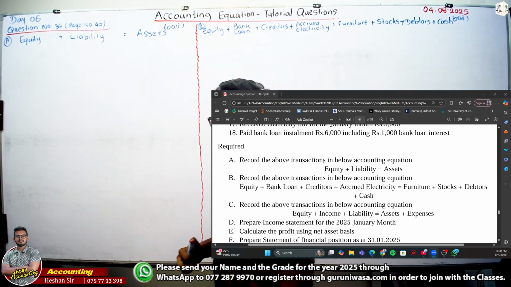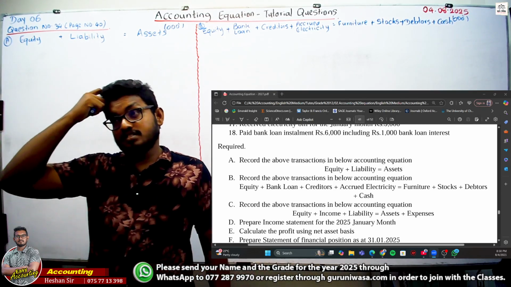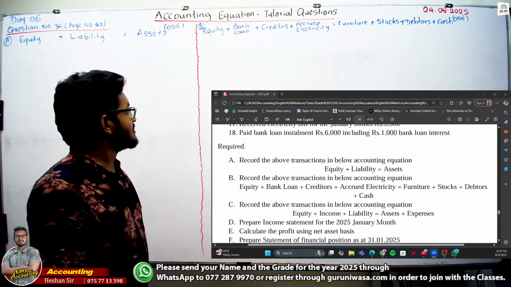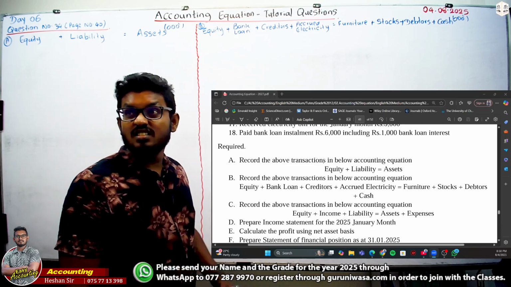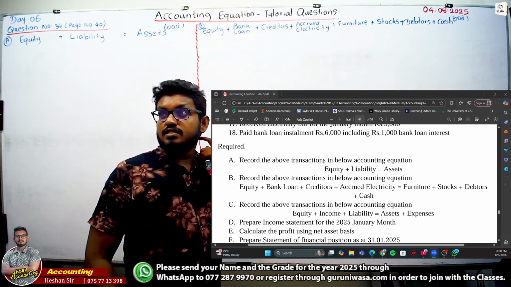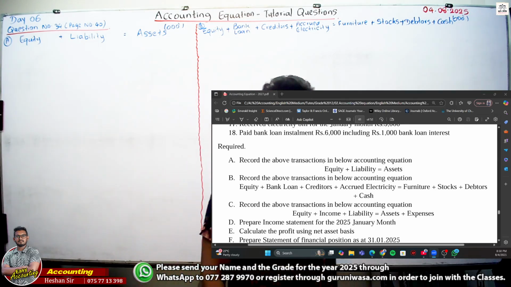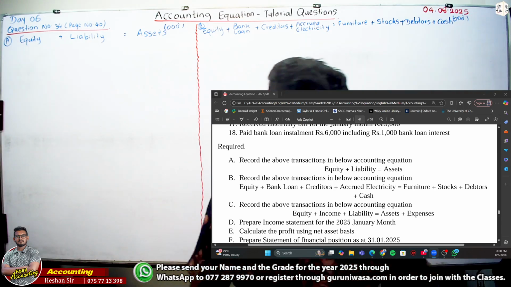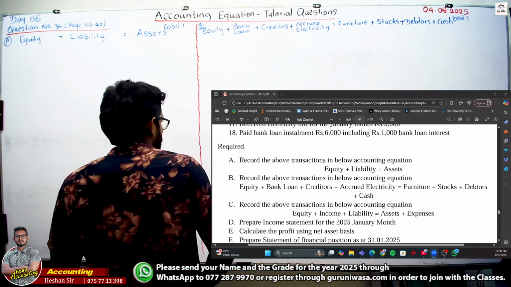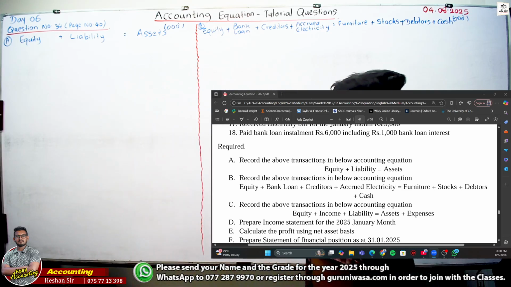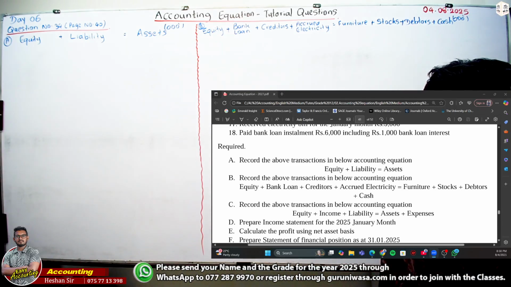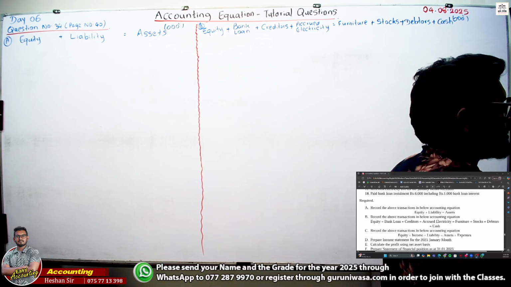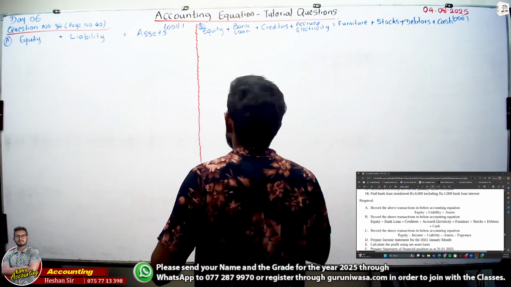Another thing, how we can put it here: plus income plus liability. Once I am done, I'll erase it. So I'll divide this into 2.